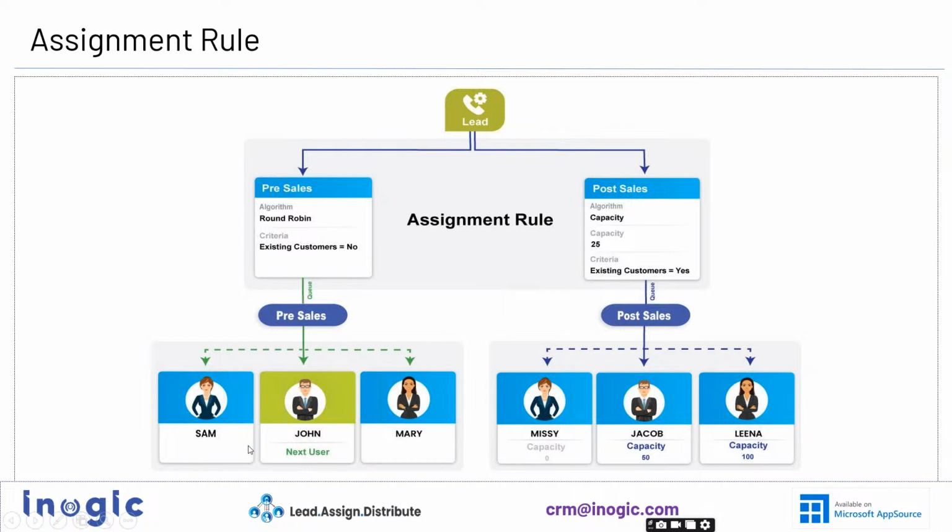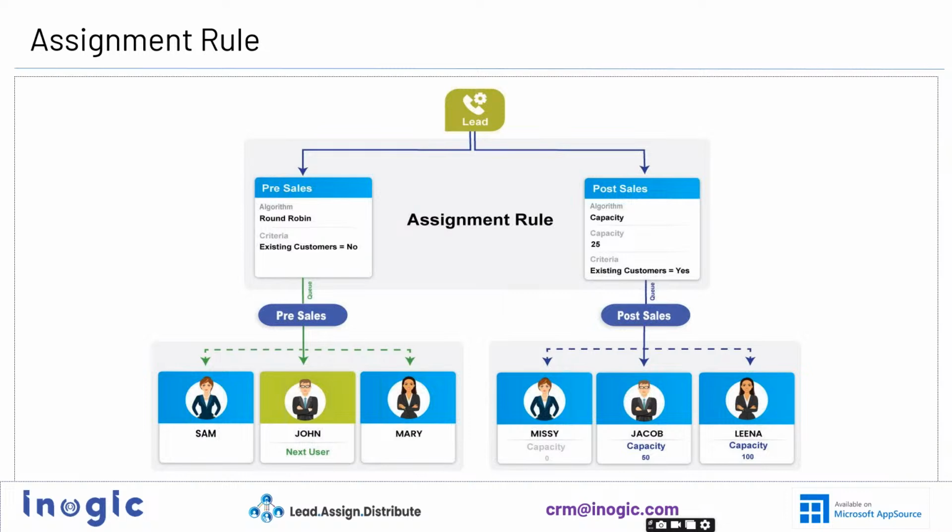Rather, any new lead would be assigned to either John or Mary, until even they hit the maximum cap of 10 records. Why only 10 records? Because that's what I've just entered in the maximum work items allowed. As soon as Sam, John, or Mary moves their lead record from, let's say, open new status to any other status like qualify or disqualify, they will again be eligible for the new leads that are being created.